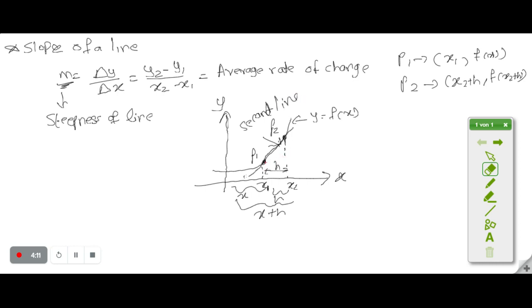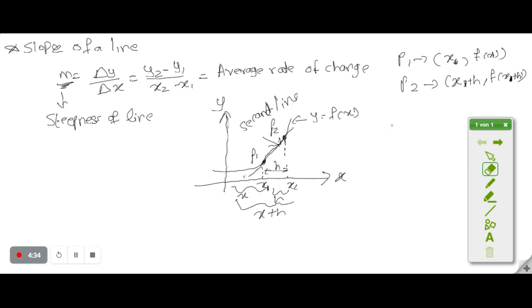If you join these 2 points, it becomes very easy to calculate the slope between them using the formula we have written, y2 minus y1 upon x2 minus x1. For simplicity, I'm going to keep this as x.